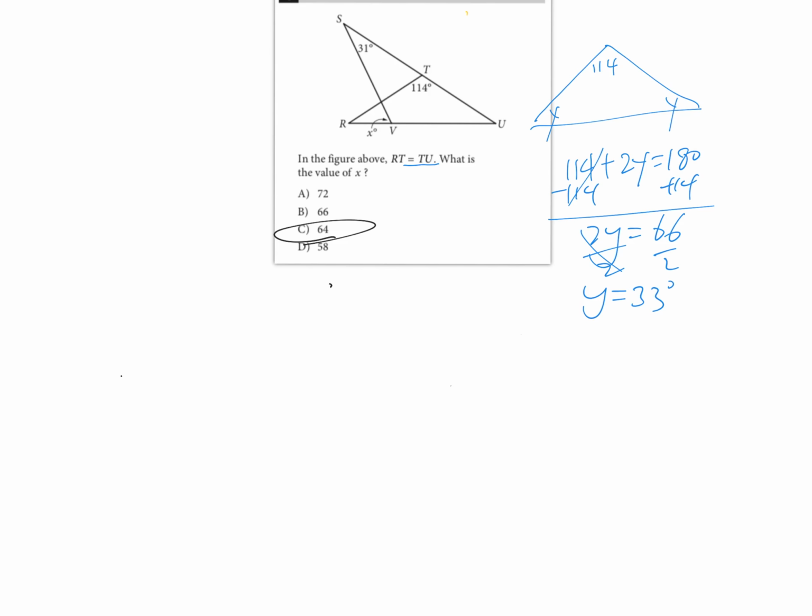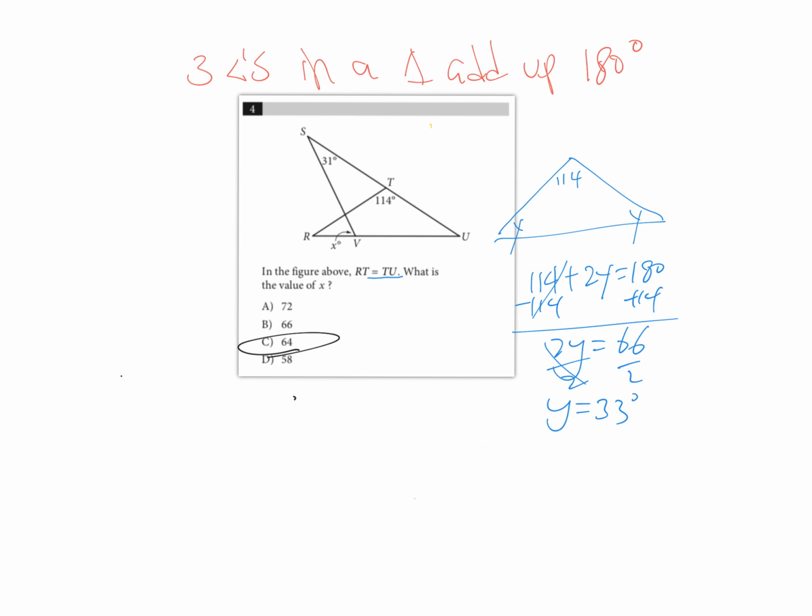So, once again, our focus here is to find angle X. Let's go ahead and just identify where that is. However, this time we can change our view a little bit in terms of what should be our next step. We still took care of this isosceles triangle, and we found out that R and U are both 33 degrees. I'm still going to write that in.